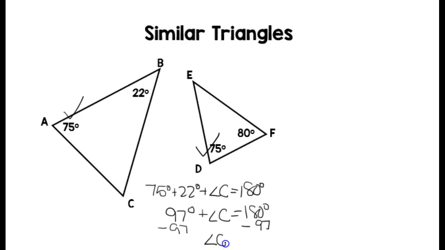And I'm going to get angle C is going to be 83 degrees. Right here we have 83 degrees. Now, from this right here, I now know that these triangles are not going to be similar. 83 degrees does not match either this blank angle here or this angle here at 80 degrees. So there's no similarity between these two triangles.